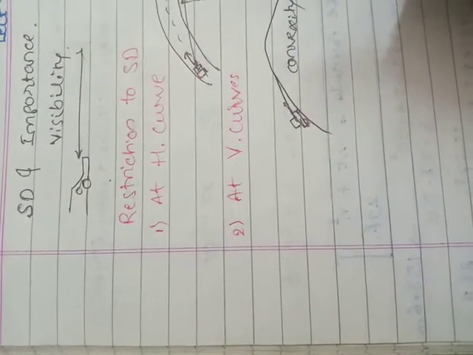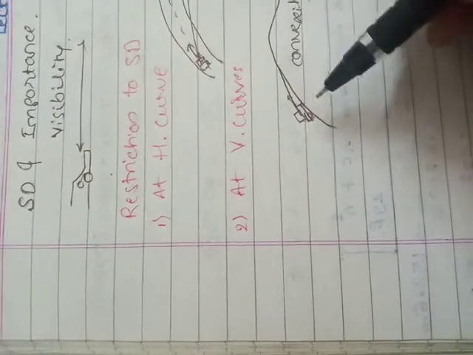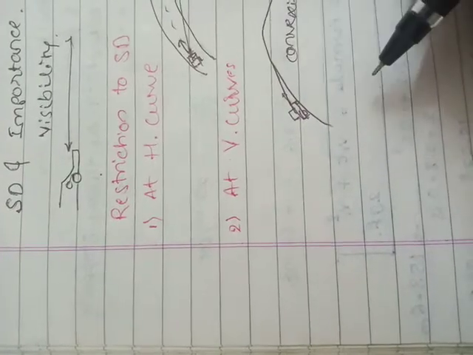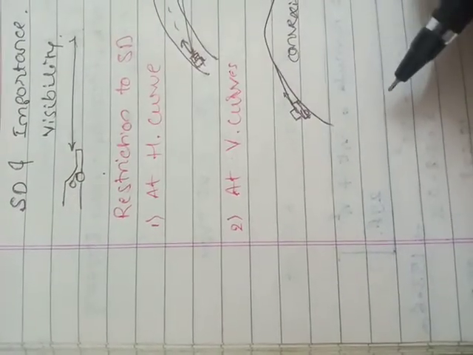You can see this. So that's why in some roads you'll observe a sudden vehicle appearing, because this sight distance is restricted.